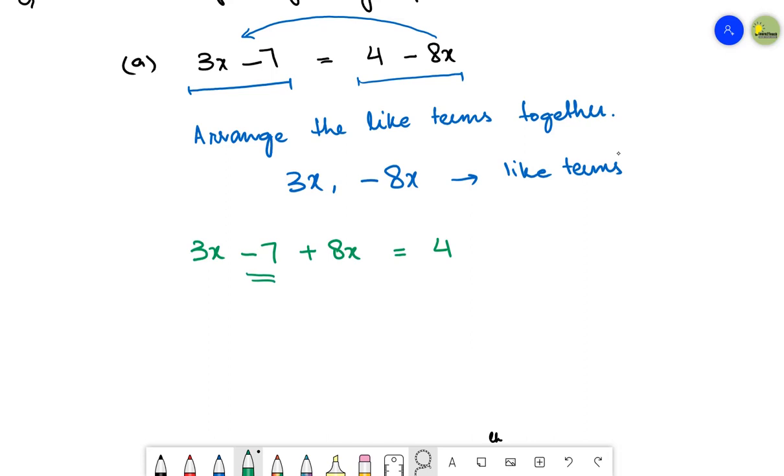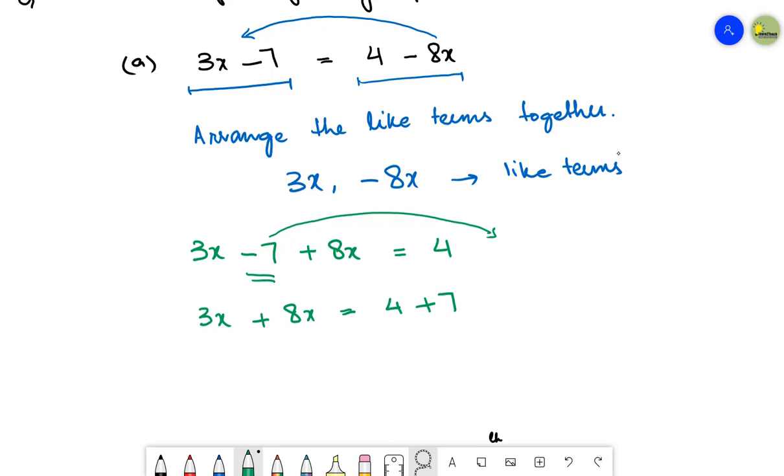There is no need of minus 7 on the left hand side, so you can shift it to the other side of the equation so that you can solve minus 7 and 4 together. So it will become 3x plus 8x equals 4 plus 7. Keep in mind that whenever you want to shift a term that has a plus or a minus sign to the other side of the equation, what is needed here?